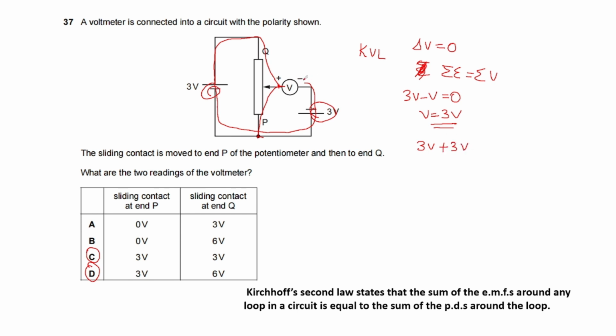And here this is oppositely connected, so minus V, which is equal to 0, which means that 6 V minus V is equal to 0, right? Which means we will be getting V as 6 volts. So the voltage, if it is connected at end Q, will be 6 volts, which means that option D is the correct answer for this question.